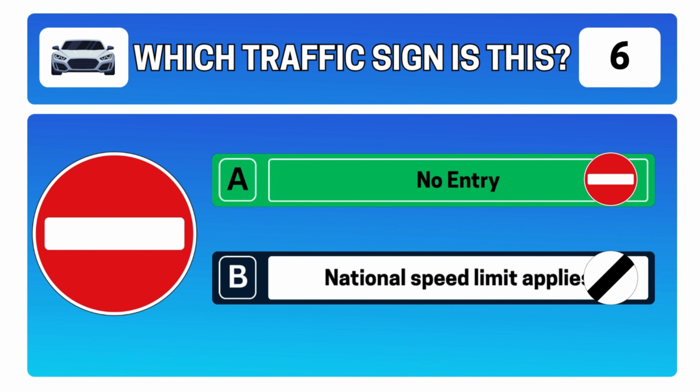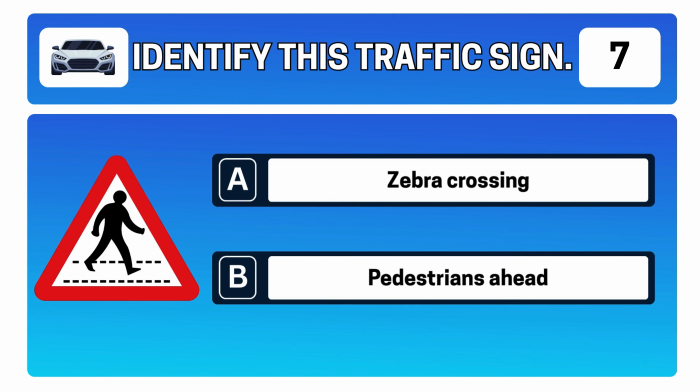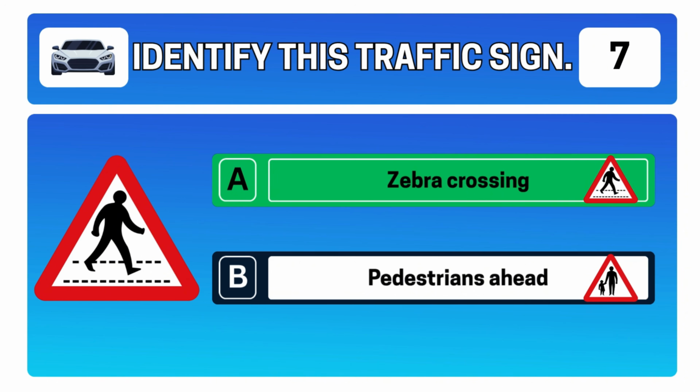Perfect. It is the no entry sign. Identify this traffic sign. A. Zebra crossing. B. Pedestrians ahead. Correct. It is the zebra crossing sign.